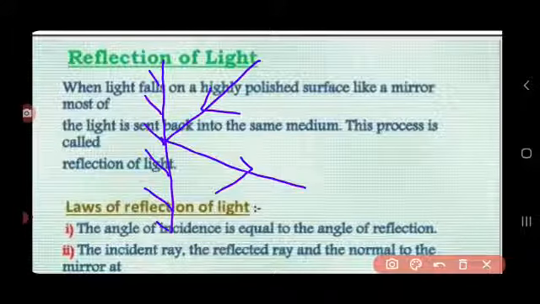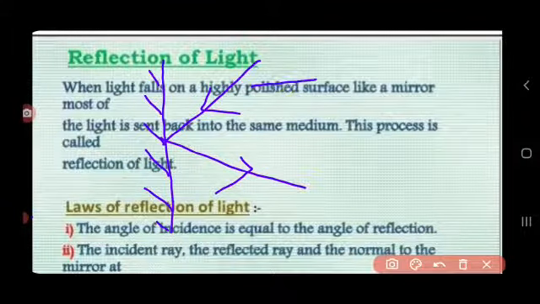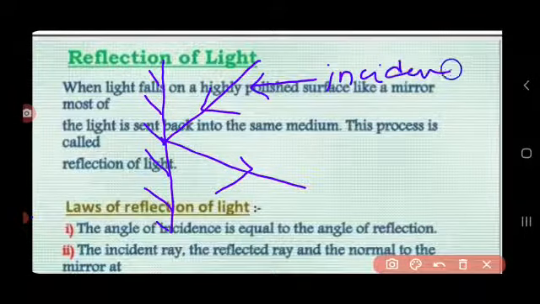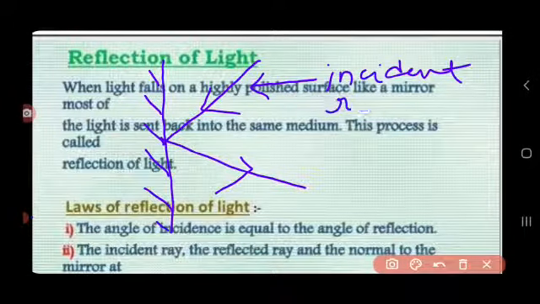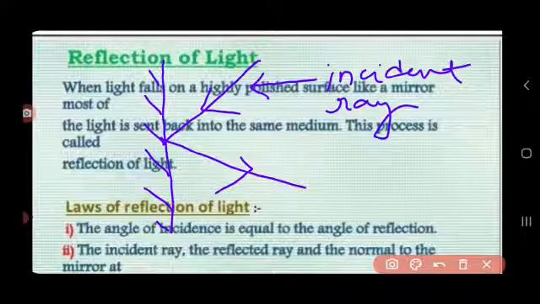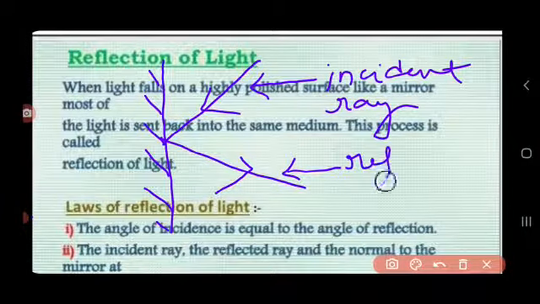I repeat, light ray which falls on the surface is considered as an incident ray, and light ray which is bounced back is considered as a reflected ray. So the phenomenon of bouncing back of light after striking an obstacle in the same medium is called reflection of light.